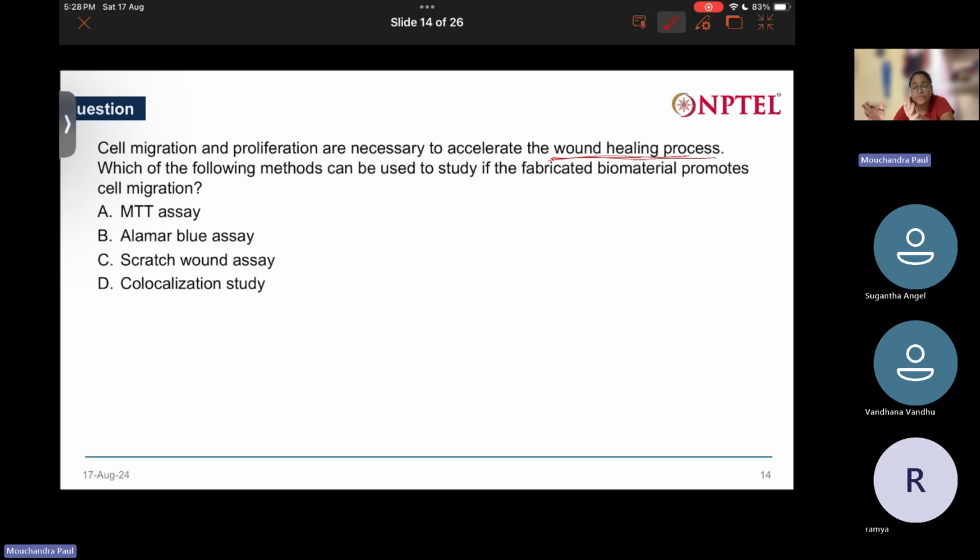So in order to close the barrier, a very detailed and elaborate cascade of reactions, where multiple cells are involved in a phase-wise manner, starts. That is called the wound healing process. The ultimate objective is to close that cut as quickly as possible.